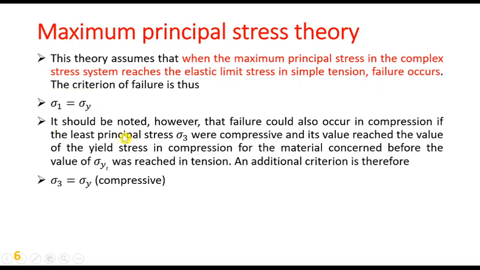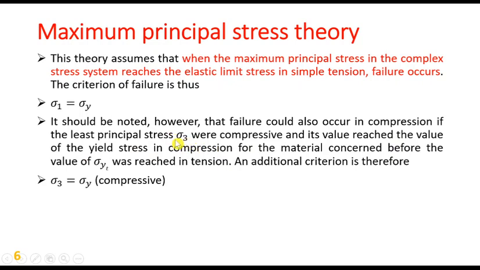It should be noted, however, that failure could also occur in compression if the least principal stress, sigma 1, sigma 2, sigma 3, so sigma 3 is numerically least, is least due to sign, were compressive and its value reached the value of yield stress in compression.